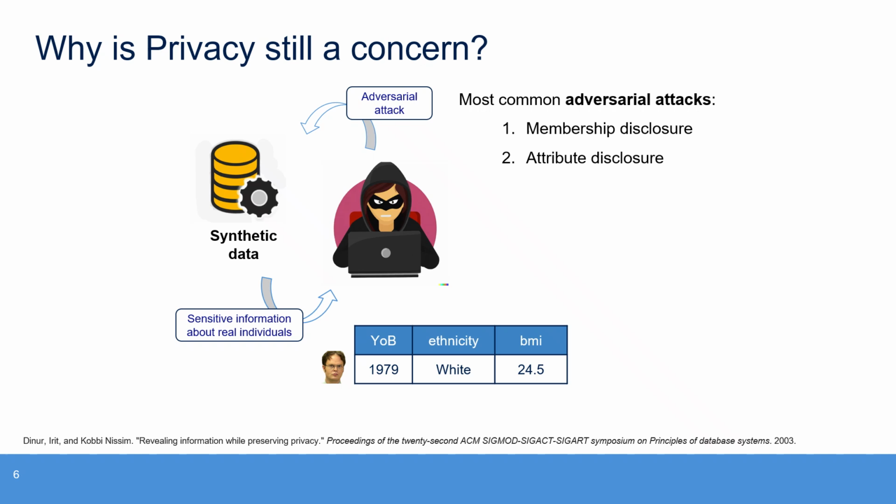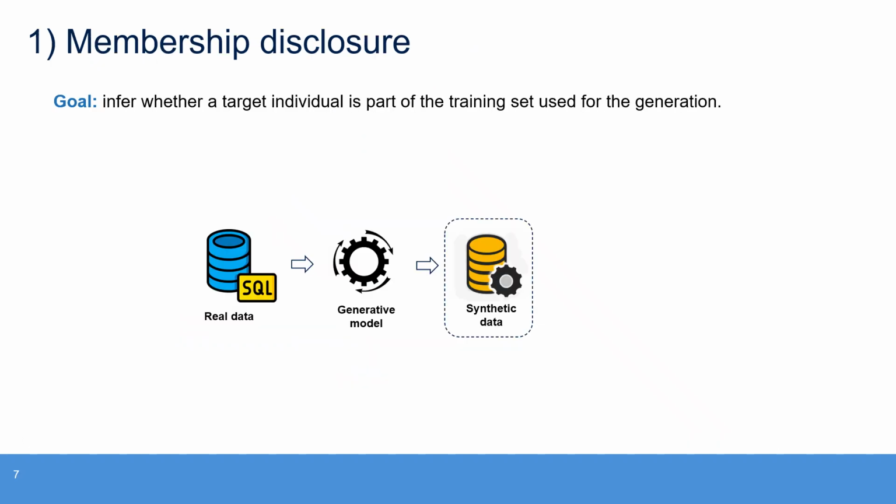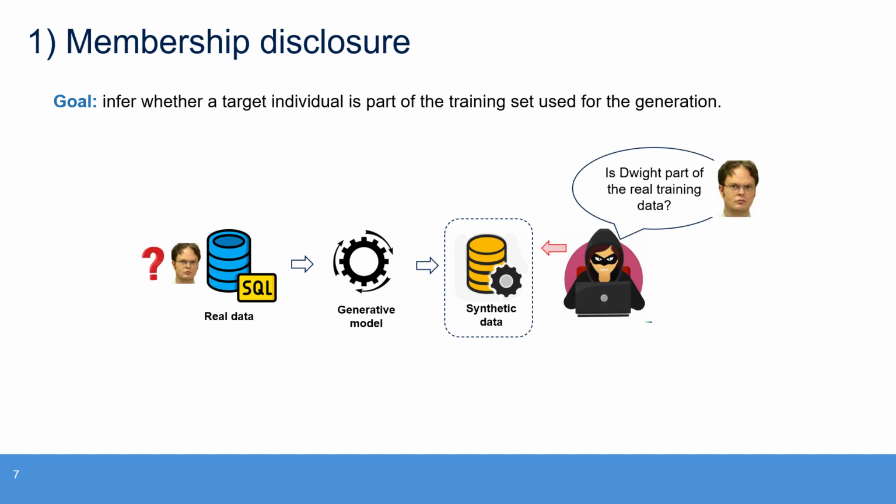So imagine an insurance company that already knows someone's age and a few health details. If they use a synthetic dataset to guess that this person probably has a health condition, they could raise their insurance price unfairly. Membership disclosure means figuring out whether a specific person was part of the training data used to generate the synthetic data.